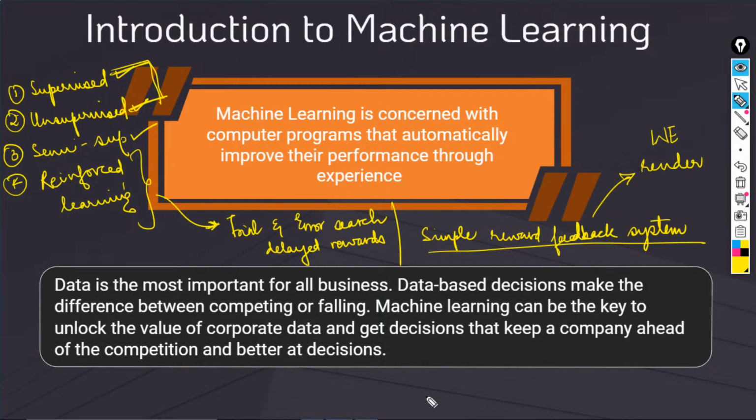So if we are talking about an organization, then I would just want you to imagine the breadth and depth of the data they would be having. Anyways, coming back to the topic, when we're talking about machine learning, it can be the key to unlock the value of corporate data and get decisions.